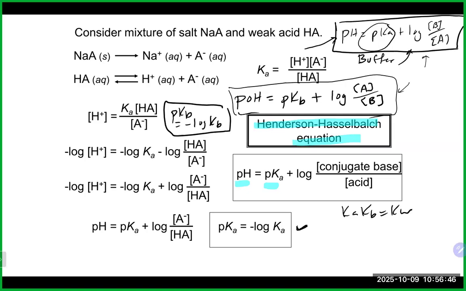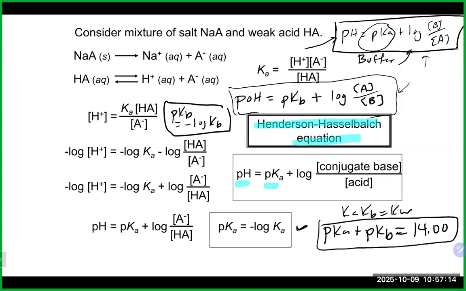So that's one way. An easier way might be this relationship: if you take the pKa value and add it to the pKb value, guess what? It equals 14. So if you have the Kb value and want the pKa value, you could calculate the pKb and just subtract from 14 and you'll have the pKa value. That's a helpful relationship right there.